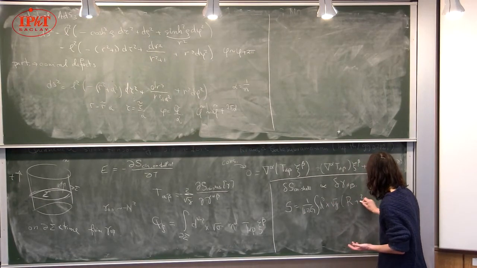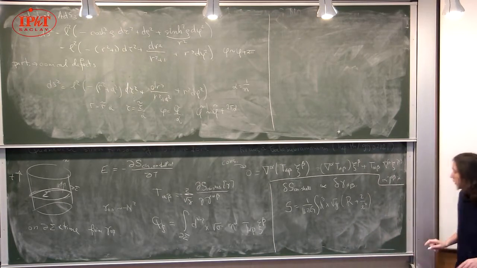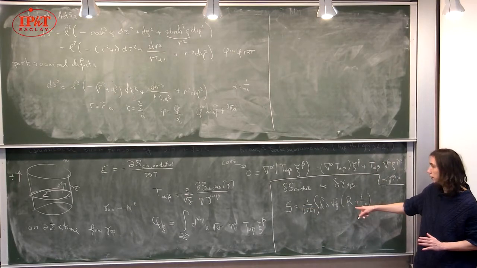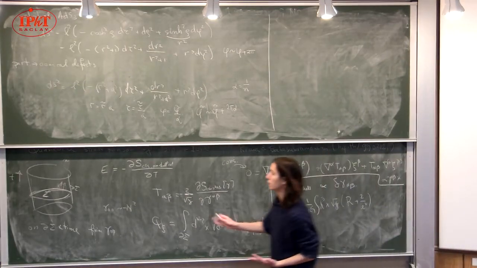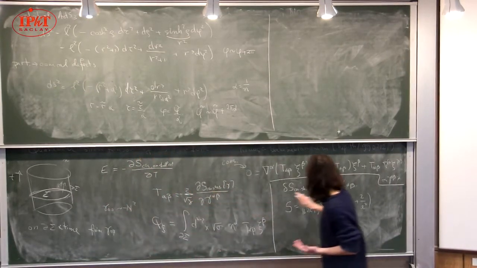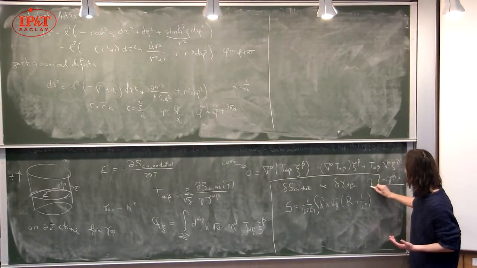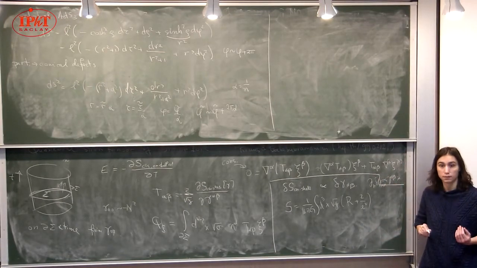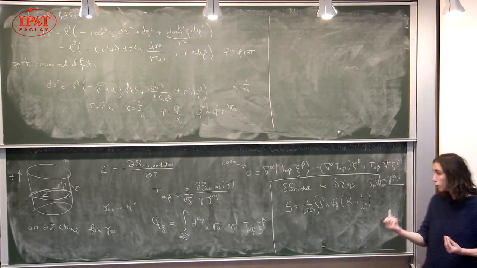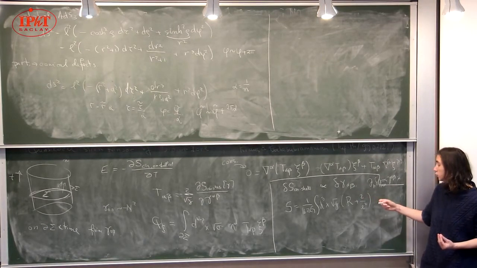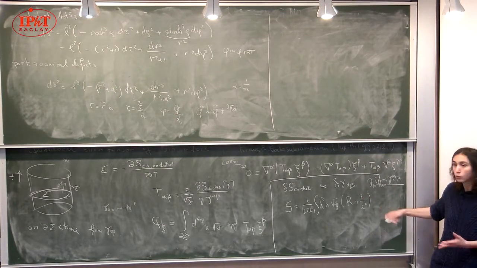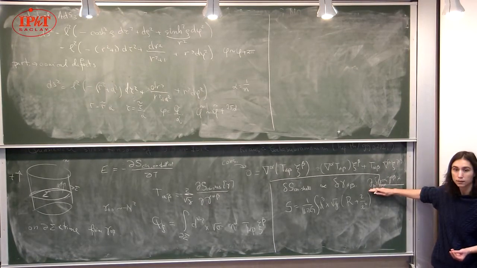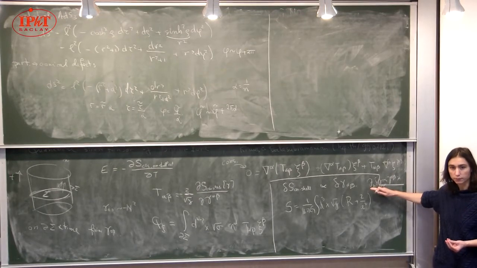But it turns out that if you compute the variation of this Einstein-Hilbert action, where you try to fix the metric on the boundary, you get terms proportional to delta gamma alpha beta and also to the normal derivative of gamma alpha beta. So in order to have a good variational problem, you want to add some boundary term, which will not change the equations of motion, that would cancel the variation of the normal derivative.